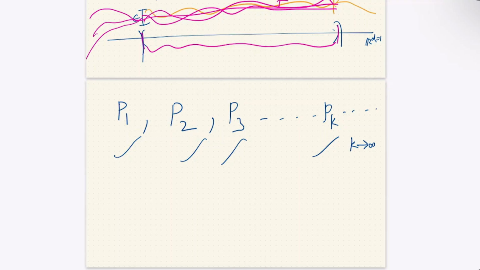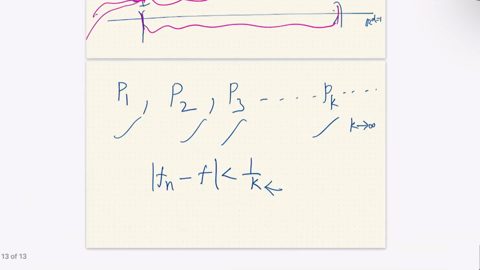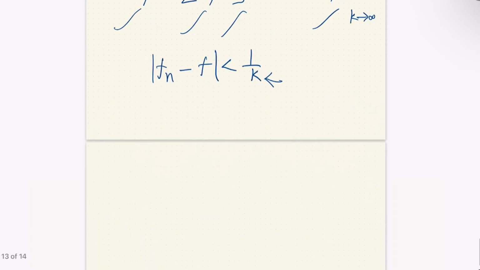So again, there is a hidden thing. As you have written fn minus f less than 1 by k, for a particular k, for every k you have a stage, right?